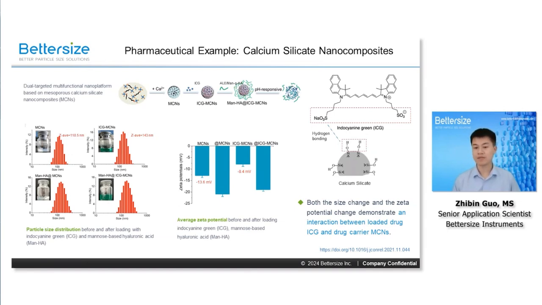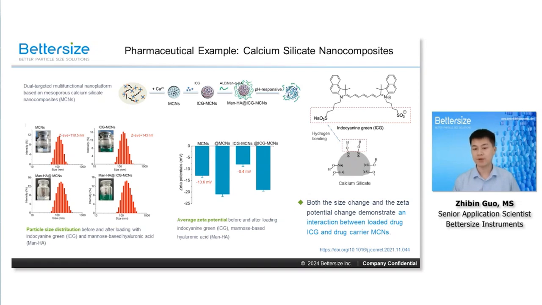The particle size and zeta potential of MCNs were measured before and after loading with ICG. The result shows that the particle size changed from 180 nanometers to 143 nanometers with a narrow distribution range, indicating a uniform size after drug loading.